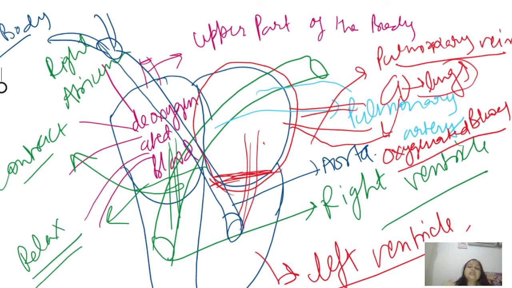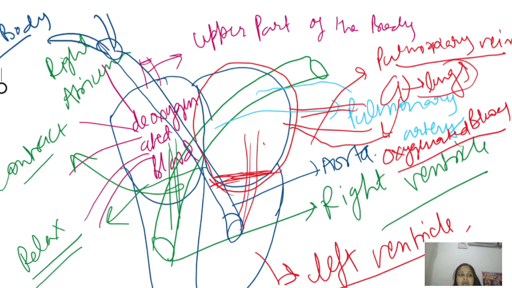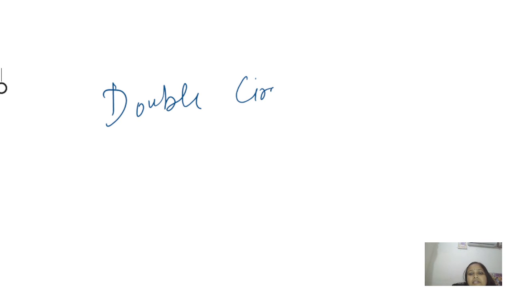So children, this is the simple mechanism of blood circulation in the body, right? So like this, it is getting circulated in the body. Now, this is called the double circulation.